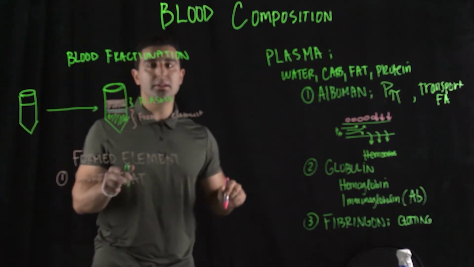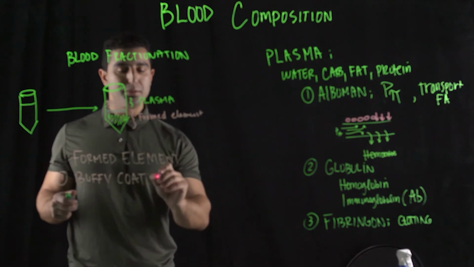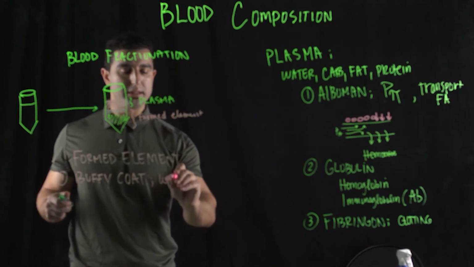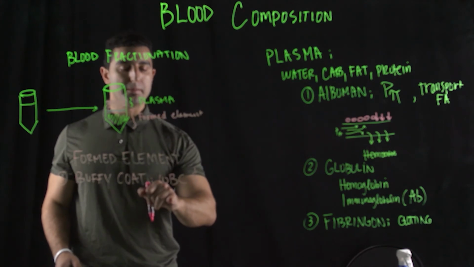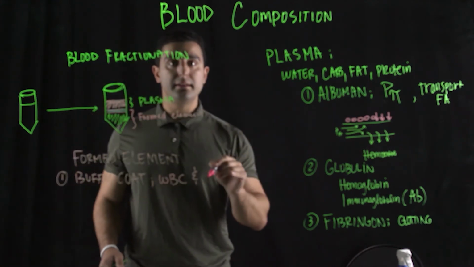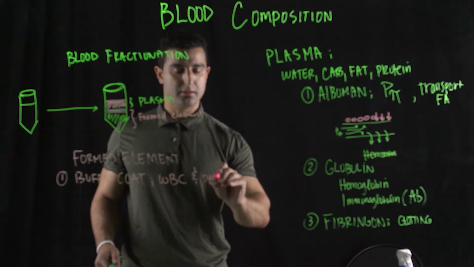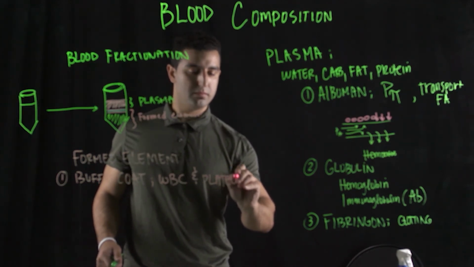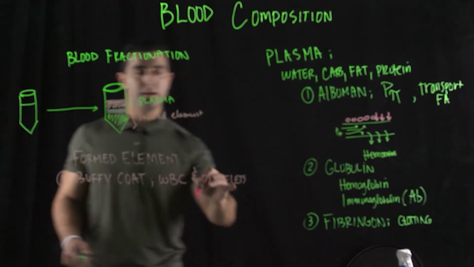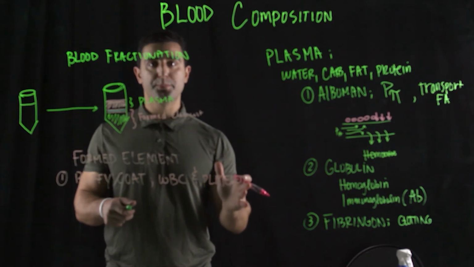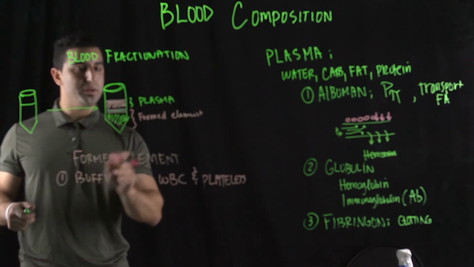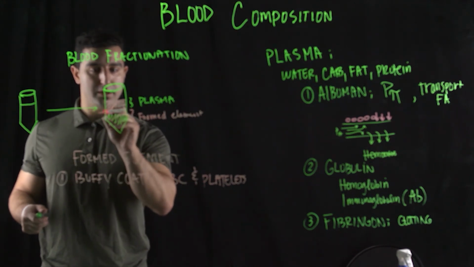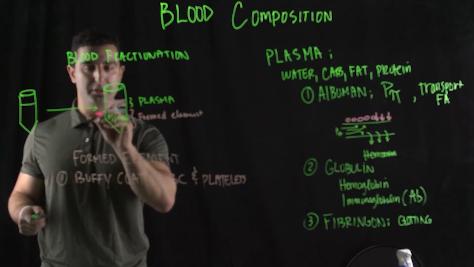The Buffy coat layer comprises the majority of our white blood cells, which, what was the function from before? Protection. And platelets. Platelets for what function? Coagulation. So this top region right here is called the Buffy coat.